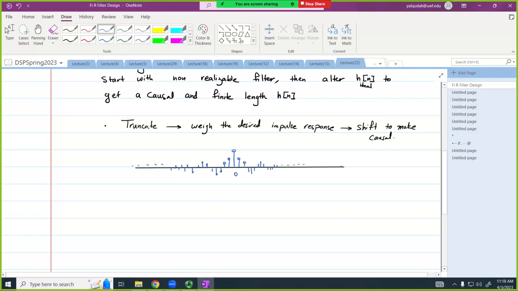This is 0, this is n, this is h of n. Again, it's ideal, and it's not practical because it goes from negative infinity to infinity, and it is also not causal. So therefore, what we're going to do is apply a window. We can consider this our window.